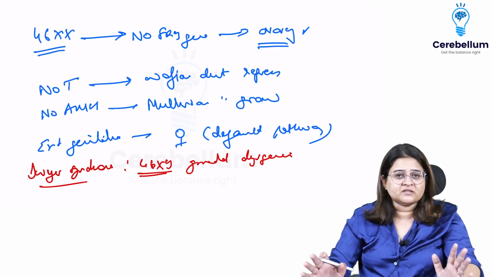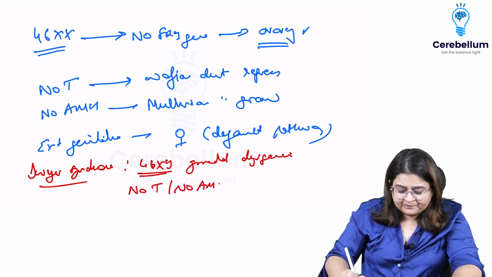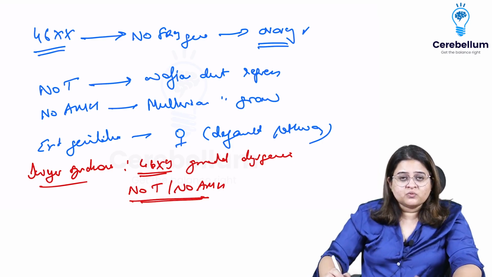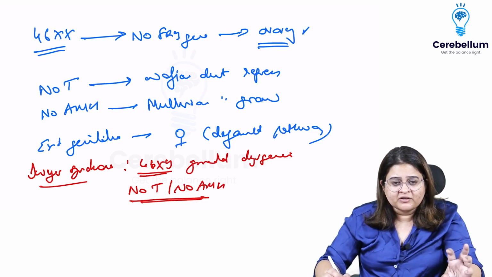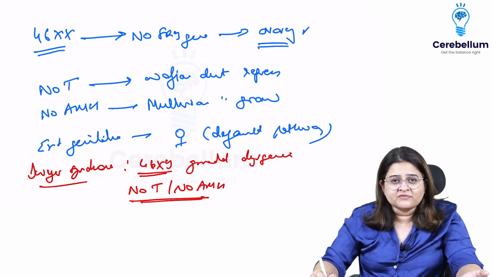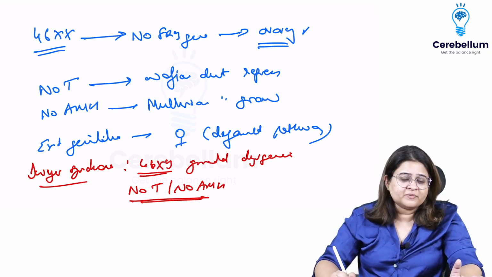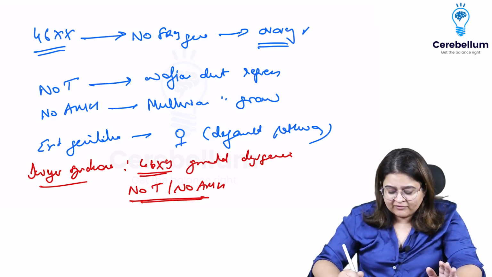It is dysgenetic. It is not a functional testes. So what is happening? There is no testosterone and there is no AMH. So you have an individual who has a testes as the gonad, but because it doesn't have a working testes, there's going to be no Wolffian duct development, and you have no AMH.